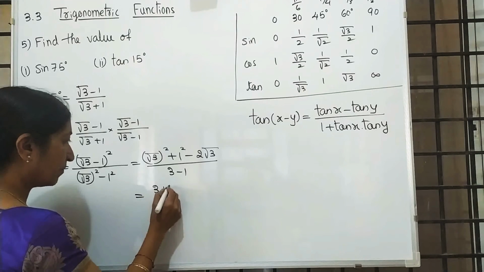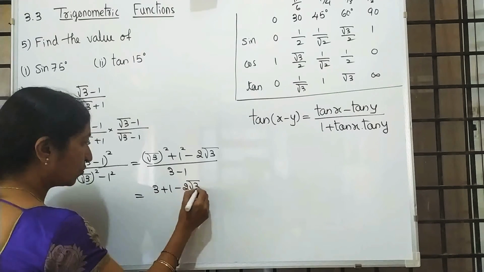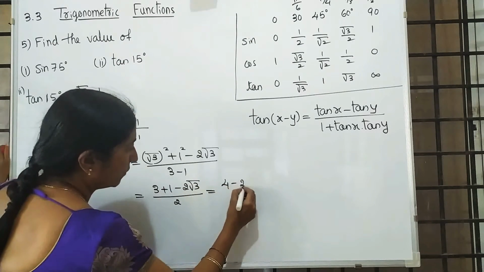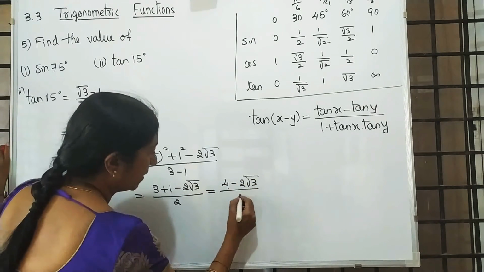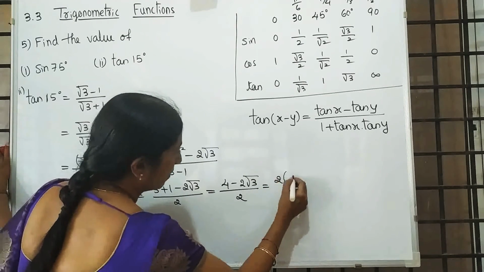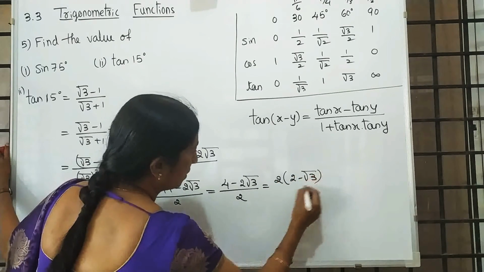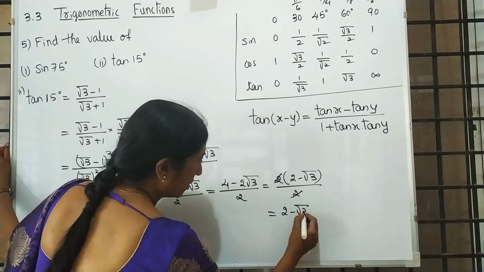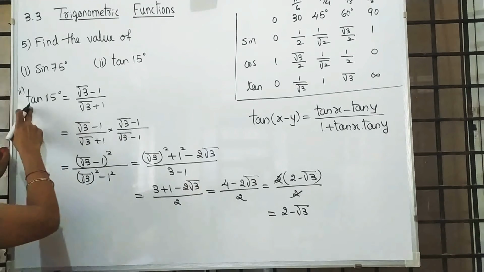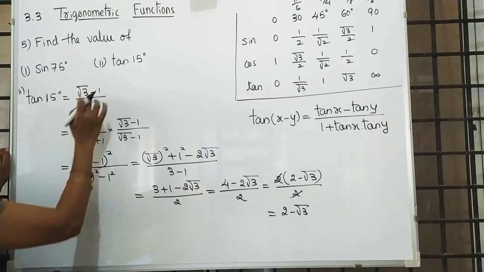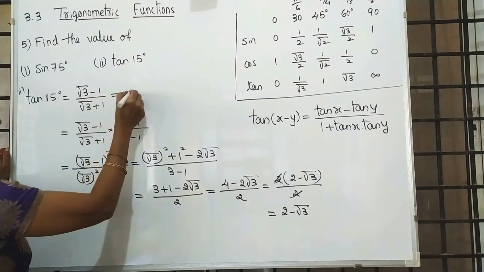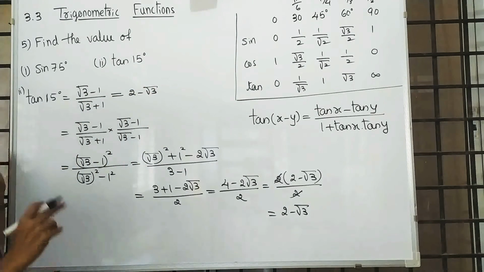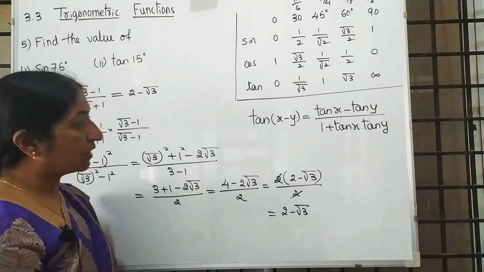This is 3 plus 1 minus 2 root 3 divided by 2. 4 minus 2 root 3 divided by 2. 2 is common. 2 minus root 3 divided by 2. 2 gets cancelled. 2 minus root 3. That means for tan 15 degree you can write root 3 minus 1 upon root 3 plus 1 or 2 minus root 3, which is convenient and helpful for the problem. Write down that value.